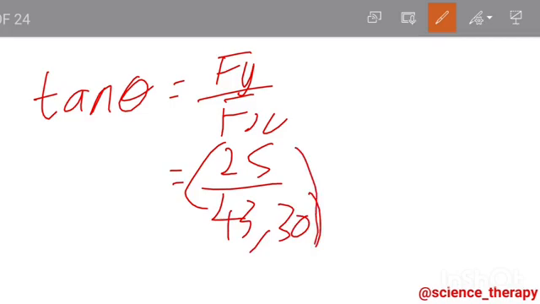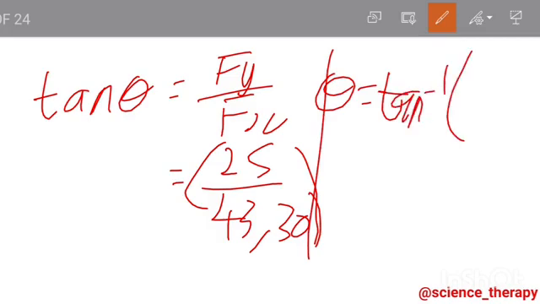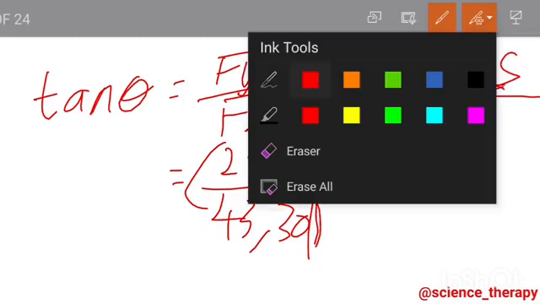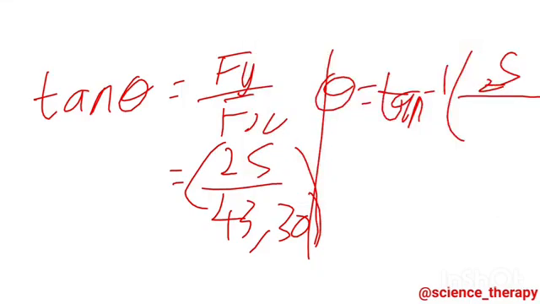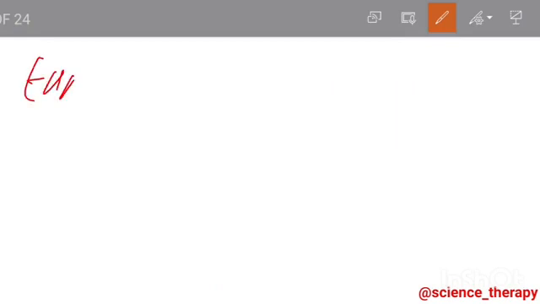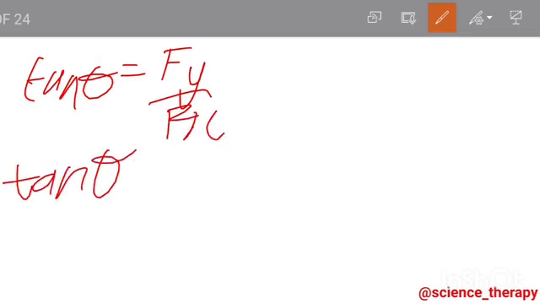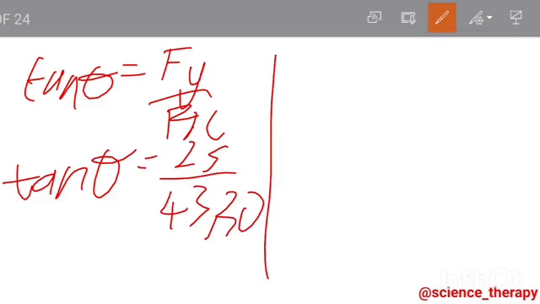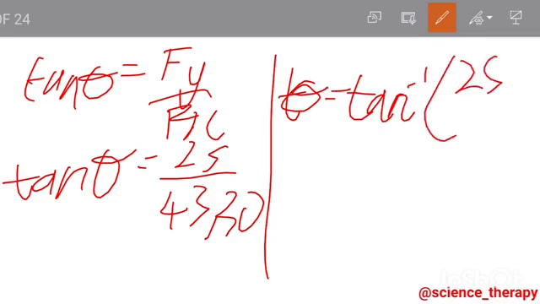Now when calculating this one, you say theta is equal to arctan of 25 over 43.30.